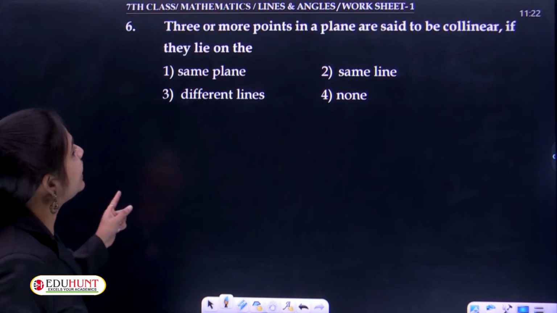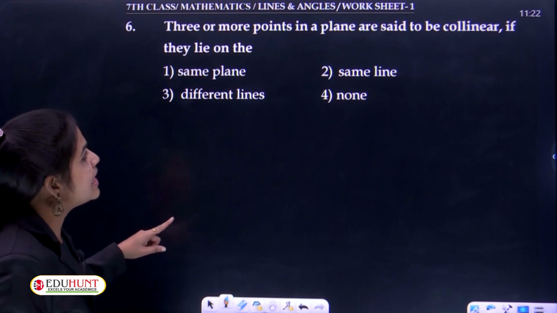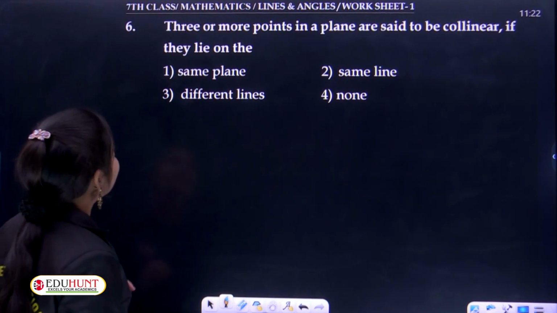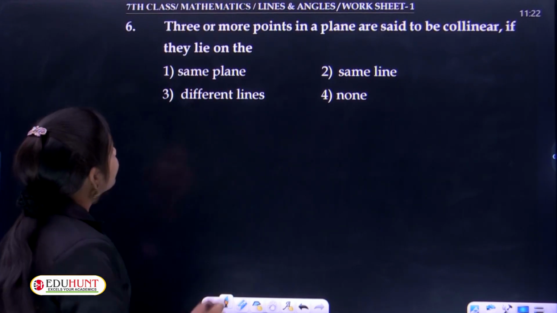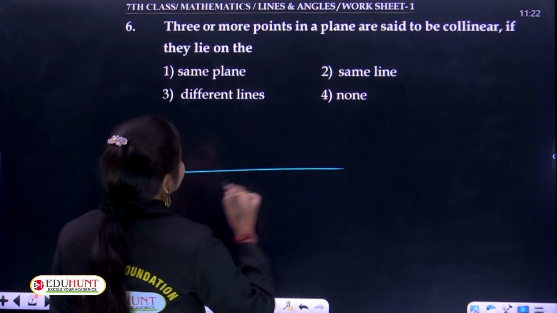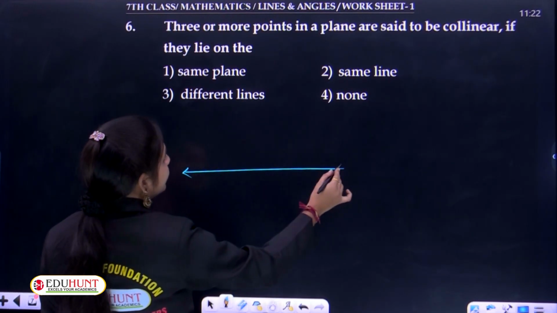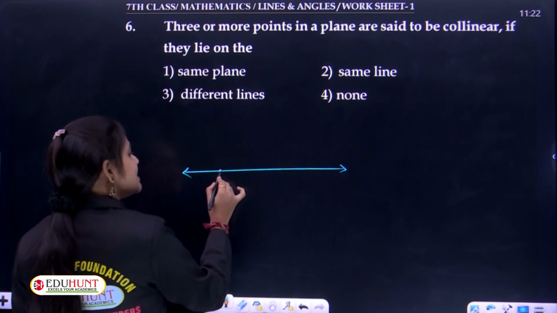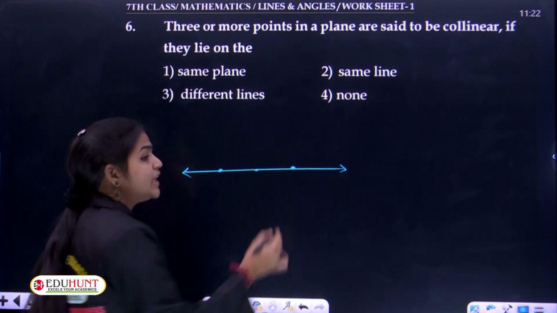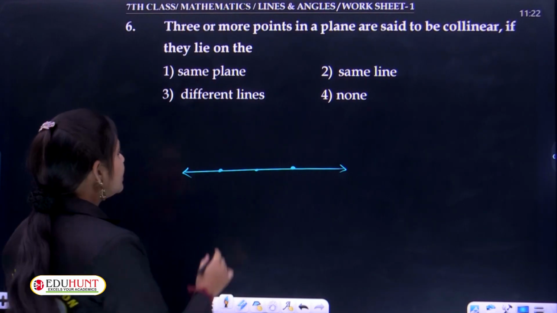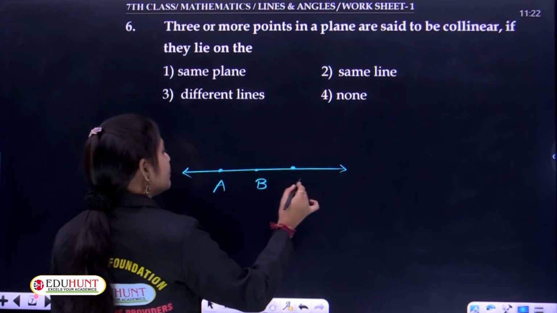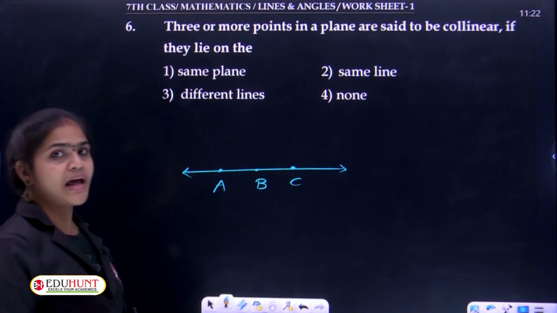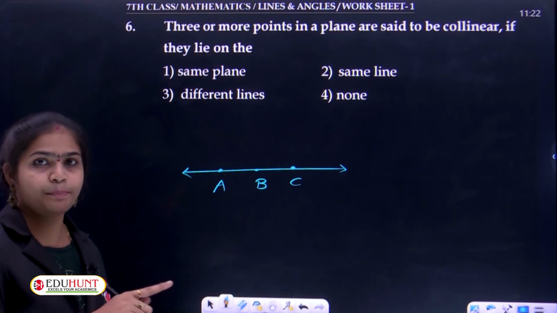Next, 3 or more points in a plane are said to be collinear if they lie on the... okay, 3 or more points. When can we say that 3 points are collinear? I already told you that those 3 or more points lie on the same line in the same plane.